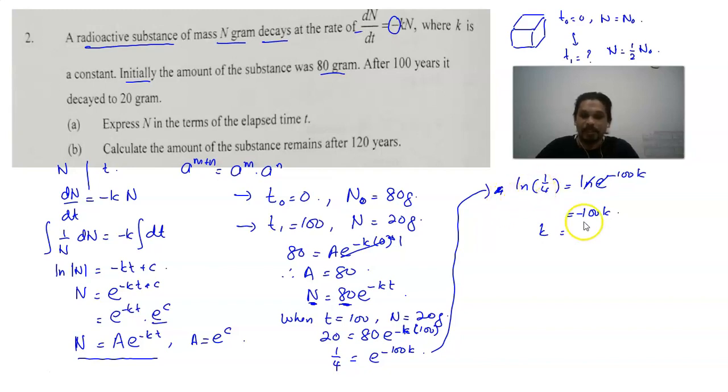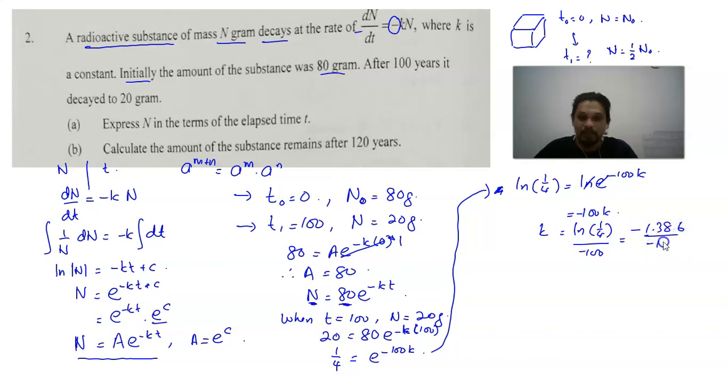It is natural log of 1 over 4 divided by negative 100, where natural log of 1 over 4 equal to negative 1.386.